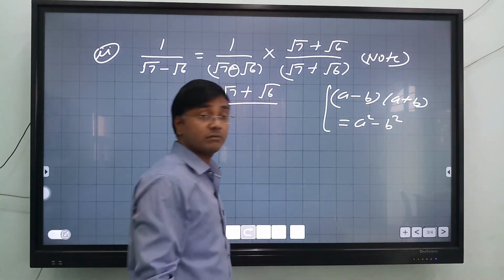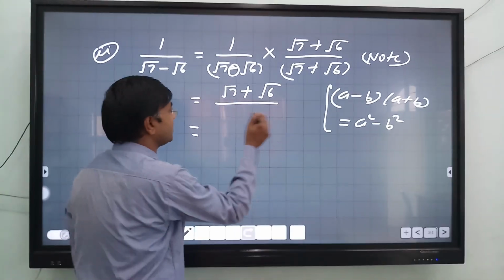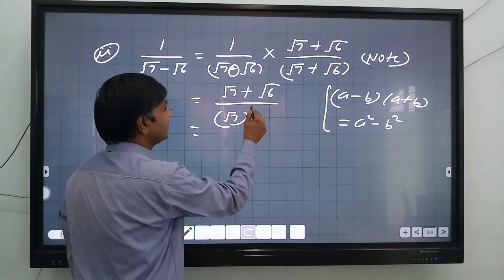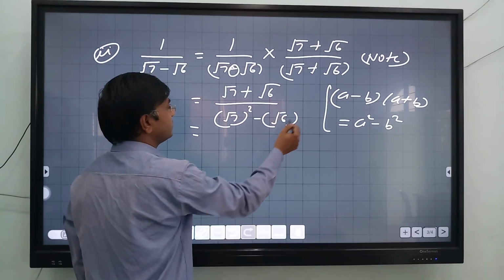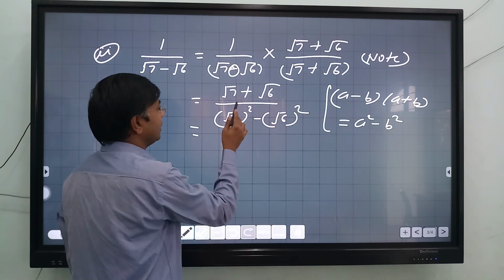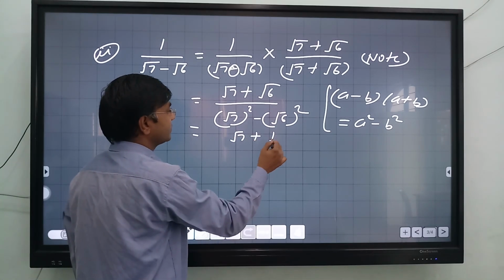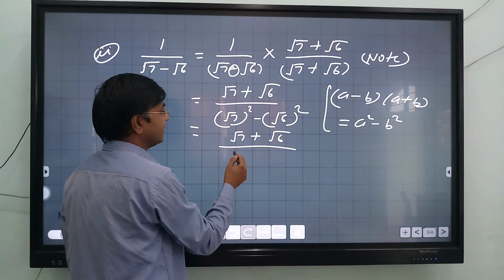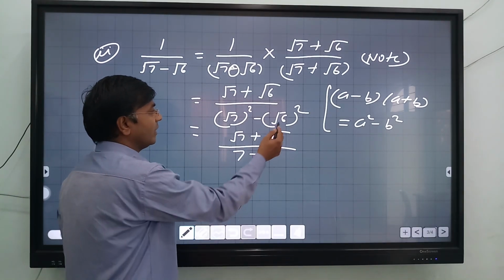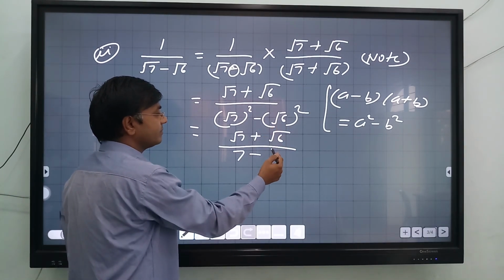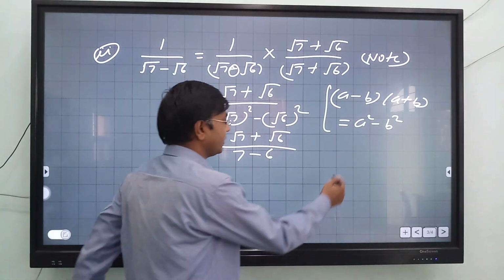So use this for easier calculations: a square minus b square. In the denominator root 7 square is 7 minus under root 6 square is 6. Why? Let's see.